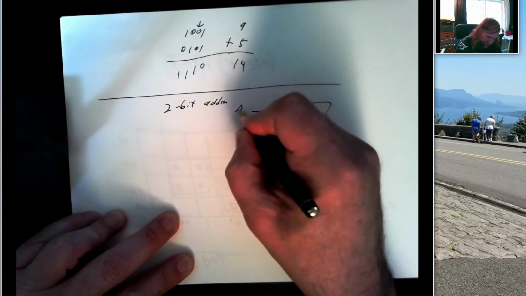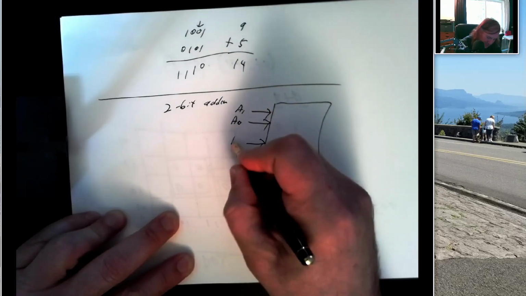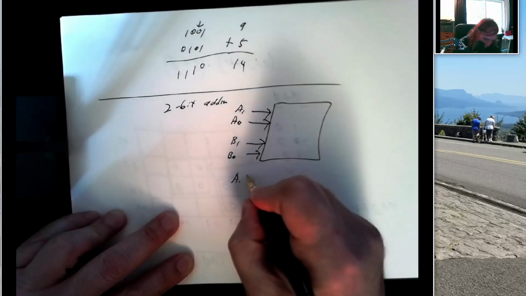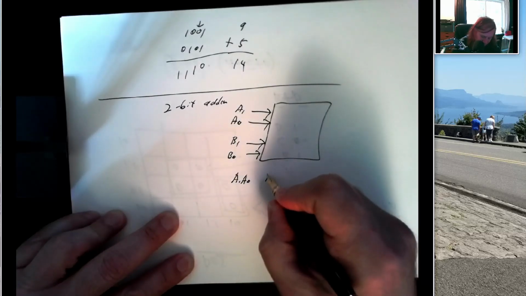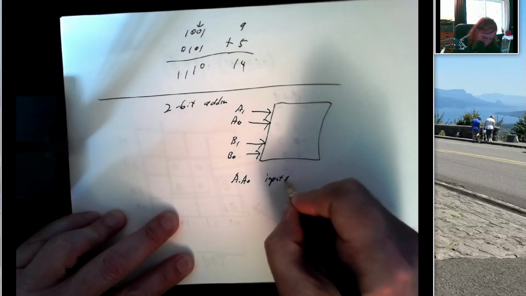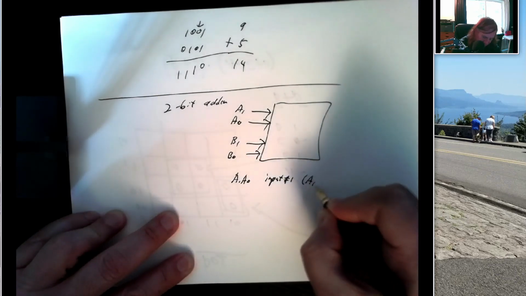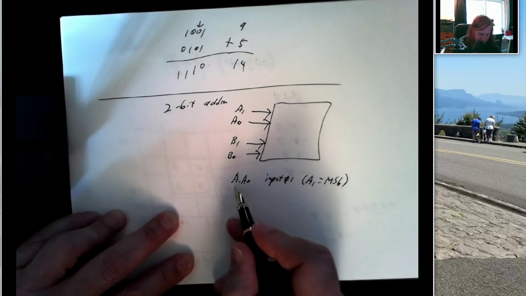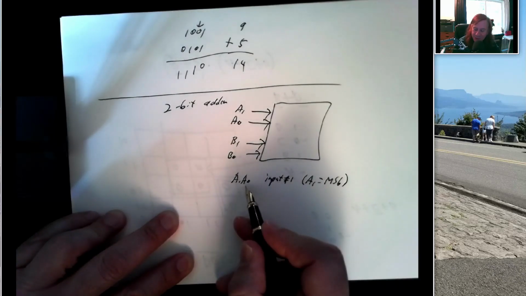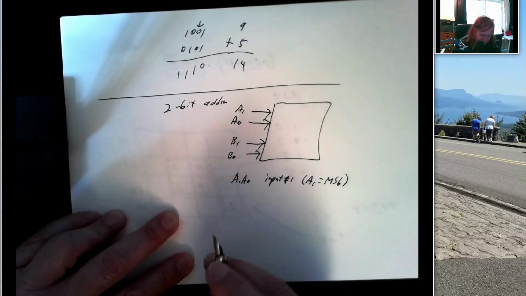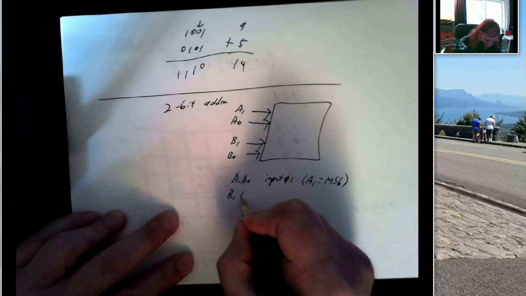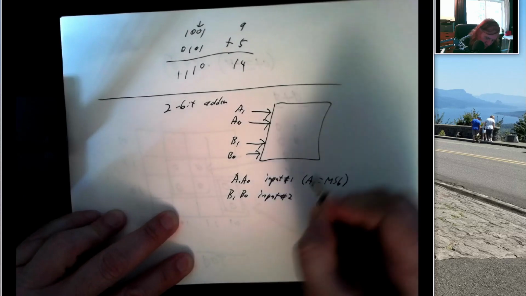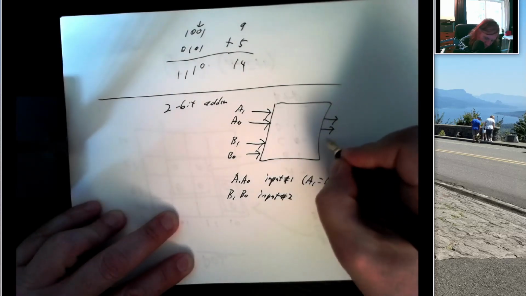So I'm going to call this A1, A0, B1, B0. A1, A0 is input number 1, and I'm going to say A1 equals the most significant bit, right? So if it's a 1, 0, that's the number 2 as opposed to the number 1, 0, 1. And then B1, B0 is input number 2, and we're going to produce an output.